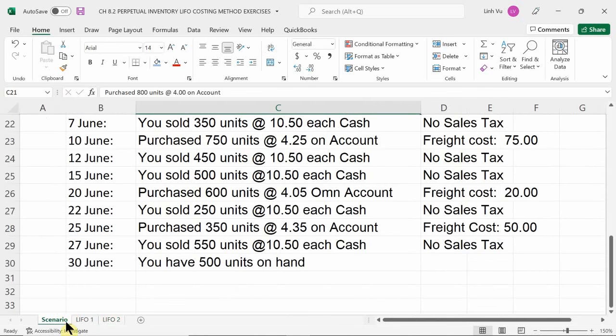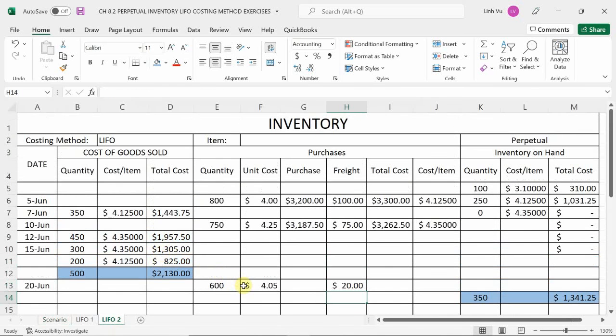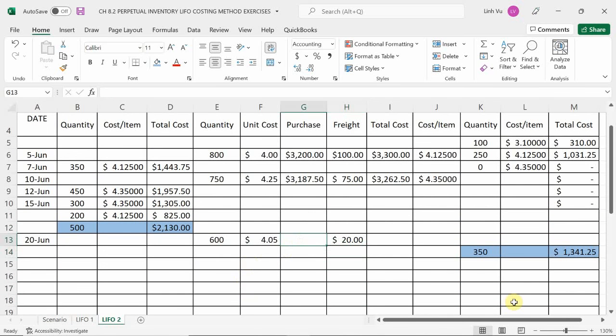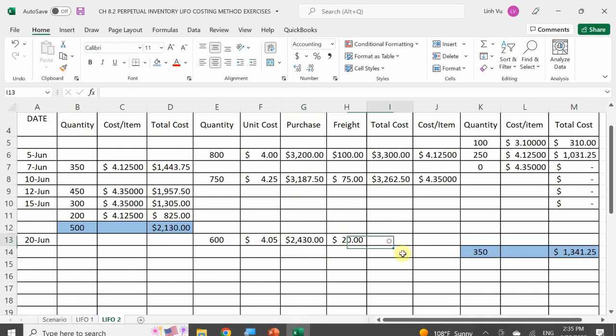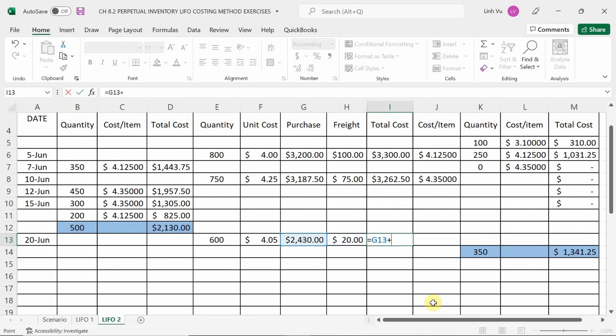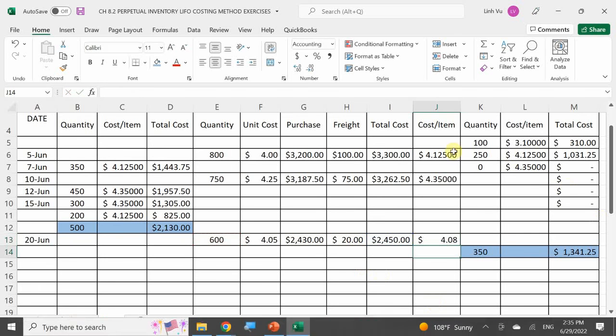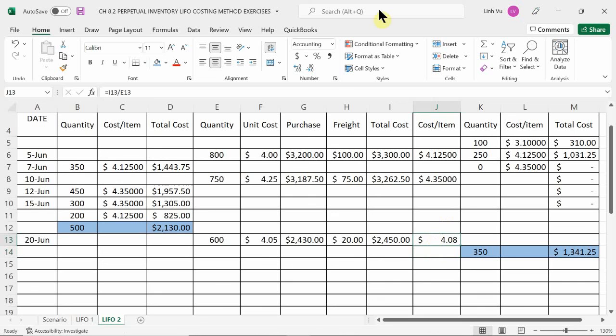So let's see. What's my purchase price here? $2,430 plus $20 is $2,450. Good. Giving you a cost per item of 4.08333333, and it goes on.